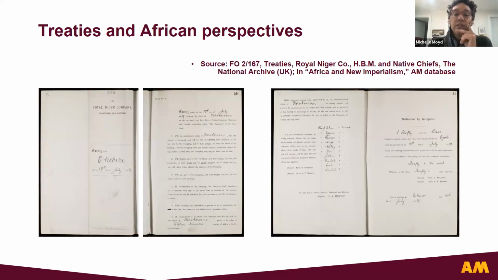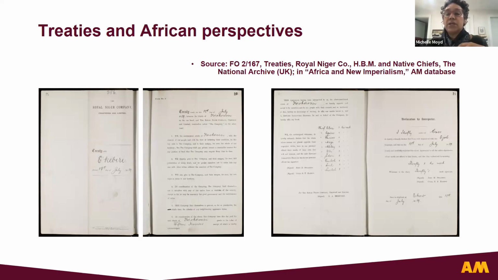At the very end here, there's a list of so-called chiefs with their names. And then over here, it says his mark. And these X's that are listed next to their names are the mark that these men supposedly made in order to indicate that they understood what was contained in the treaty.